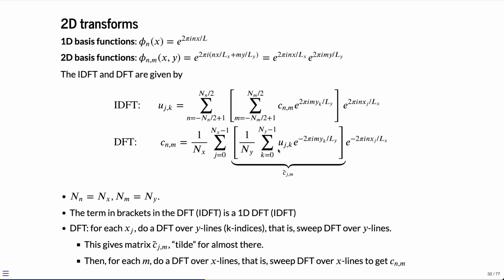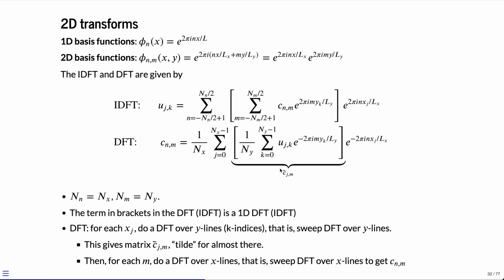For each x position x_j, we're going to do this one-dimensional transform where we're summing over y lines. If you imagine a two-dimensional grid, we're going to do an FFT in y, an FFT in y, an FFT in y, for each x_0, x_1, x_2, x_3. That's what this summation is.